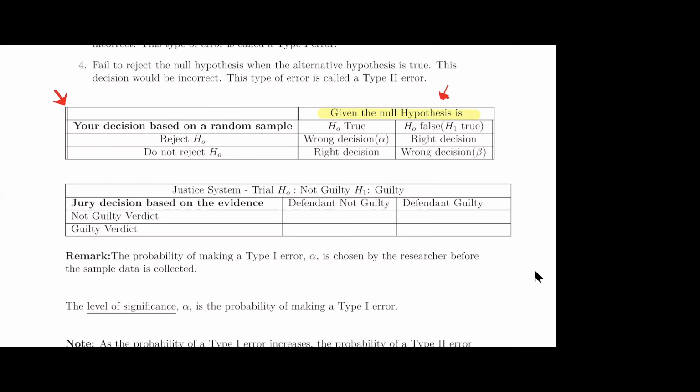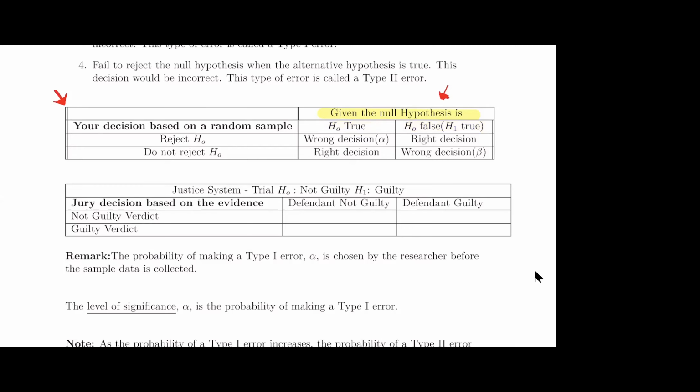It says given the null hypothesis is either true or given the null hypothesis is false. So think about this like we actually know whether the null hypothesis is true or false. When it says the null hypothesis is true, that means we know the null hypothesis should have been chosen. If it says the null hypothesis is false, that means we know the null hypothesis shouldn't have been chosen.